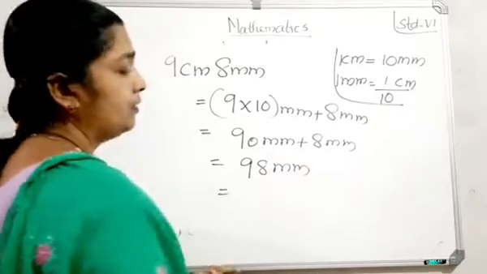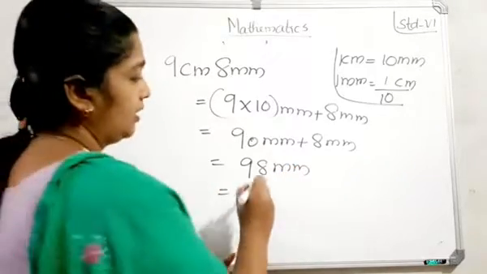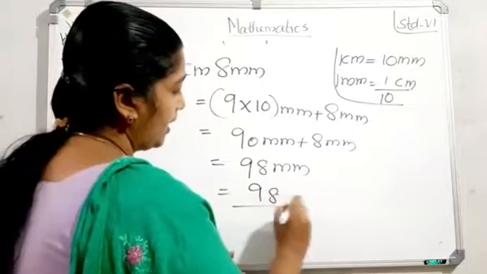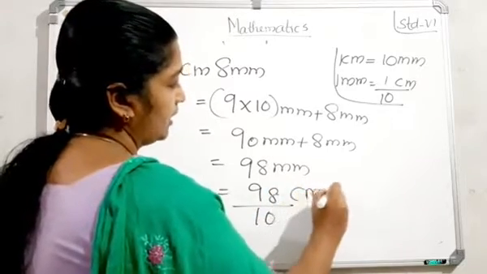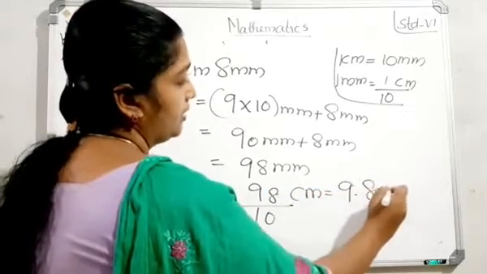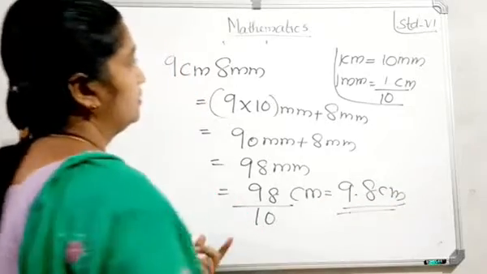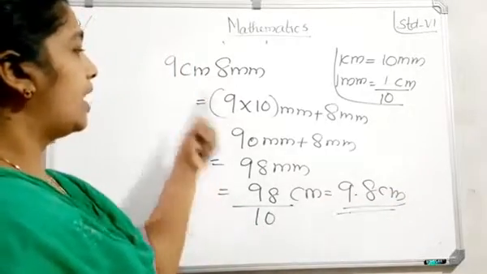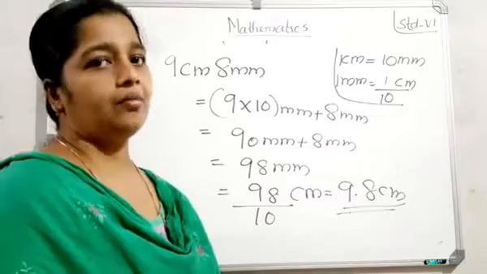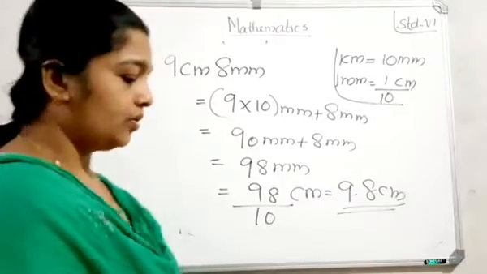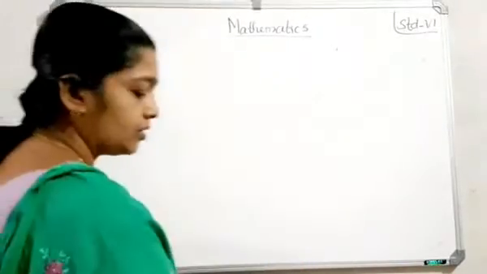Then we convert into centimeter: 98 by 10 centimeter equals 9.8 centimeter. Clear? So this is 9.8 centimeter.